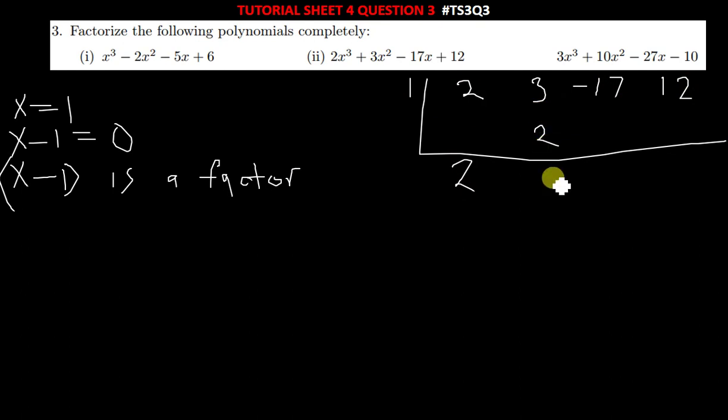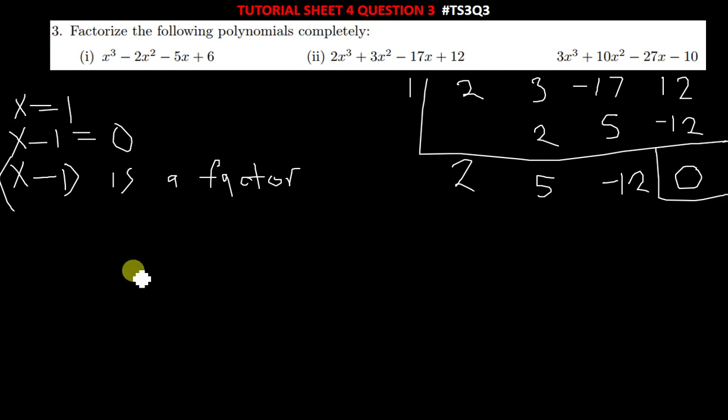When you add, you are getting 5. 1 times 5, you are getting 5. You add, you are getting negative 12. When you multiply 1 times negative 12, you are getting negative 12. When you add there, you are getting a 0. So it has given us a remainder which is 0, and this implies our trial and error method is correct, because we found that x is equal to 1.